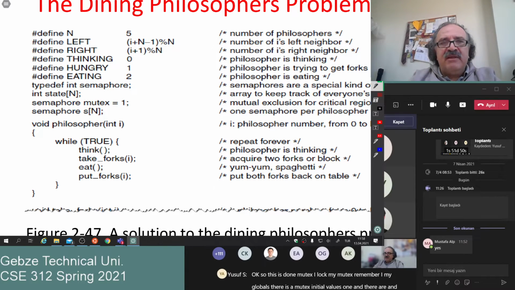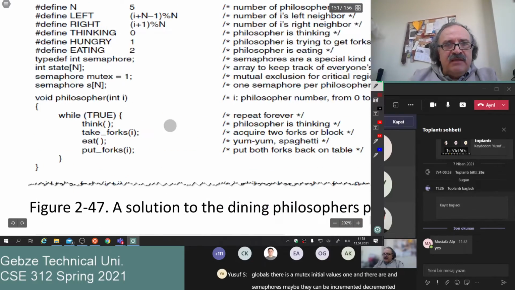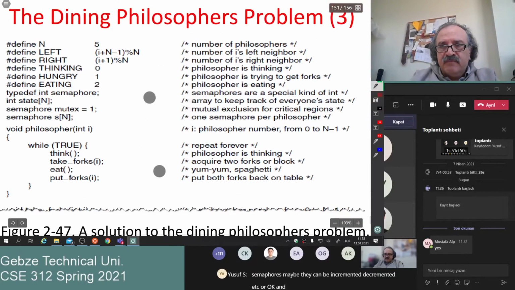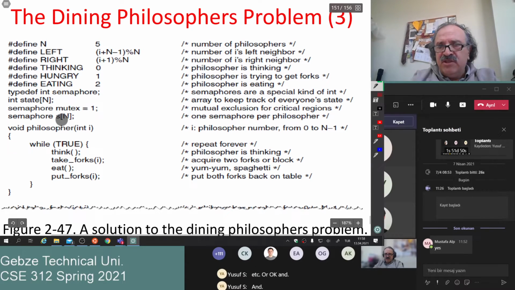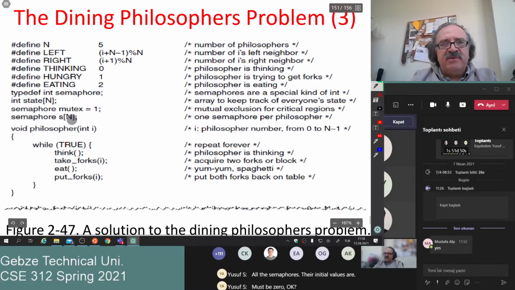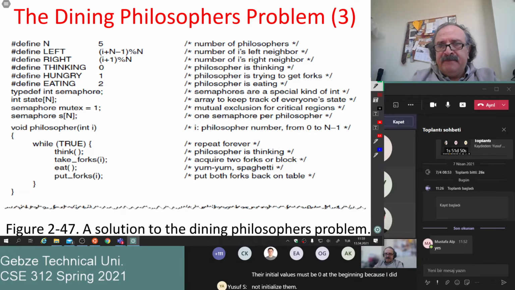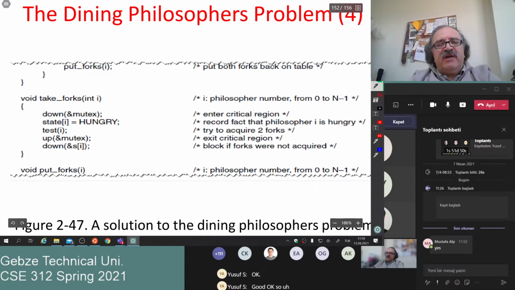They can be incremented, decremented, etc. And all the semaphores, their initial values must be 0 at the beginning because I did not initialize them. Good. So this is the take forks function.